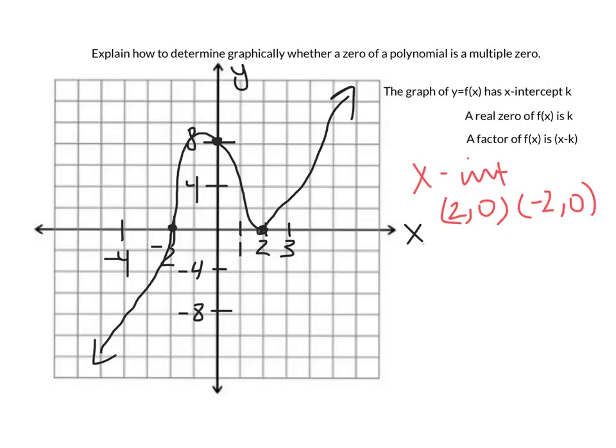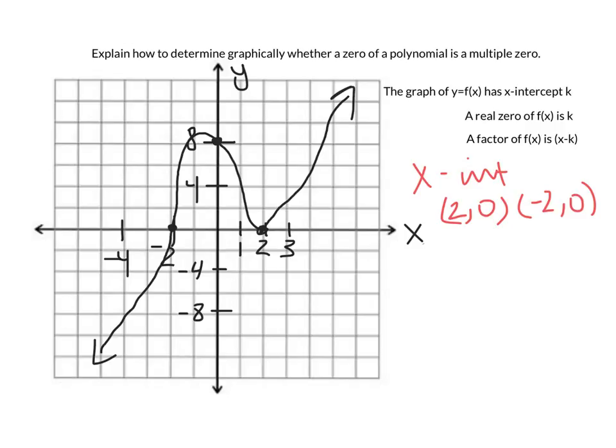Now, they are also our real zeros. Now, a real zero is just in opposition to an imaginary zero, which is something that I guess we'll get into later. But these are our real zeros because they actually hit the x-axis at these 2 points.